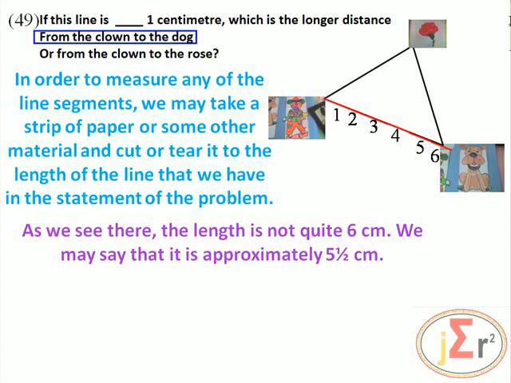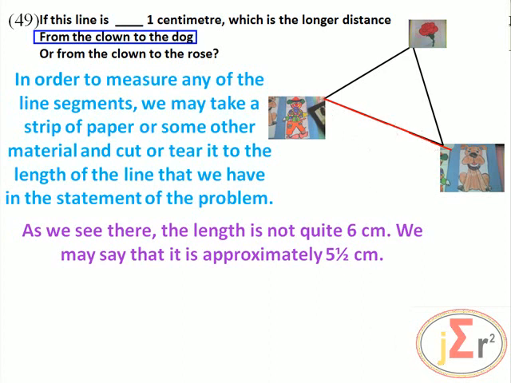Because of the difference in the construction of the screen and the paper, we might have some difference in the length when we measure. But the principle that we are applying will be the same. So that's about 5.5 centimeters.